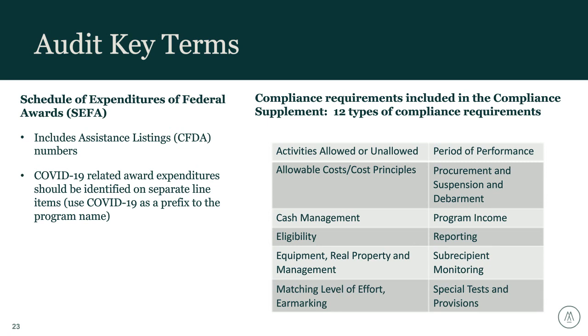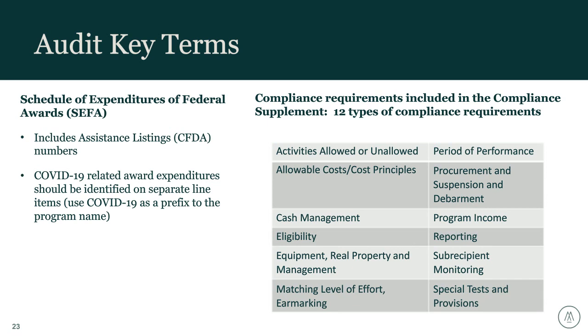A couple of the key ones I wanted to highlight relate to the first two in this table: the activities allowed or unallowed, and allowable costs or cost principles. That's effectively going back to the expenditures that the FAQs indicate can be used in how these funds are applied. So it's the additional healthcare expenses due to COVID, so the PPE, other supplies, and then potentially any expenses necessary to maintain the healthcare delivery that may have otherwise been covered by the lost revenue.